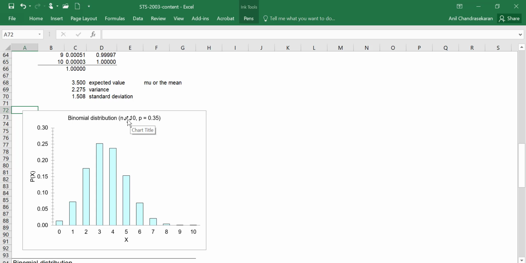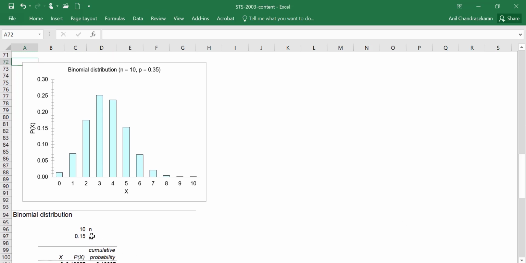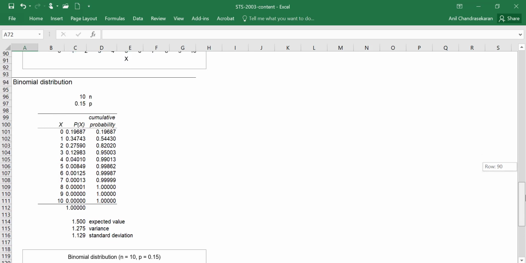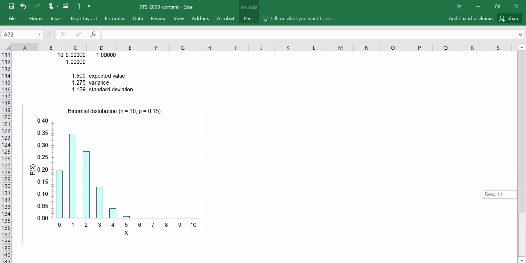When you change n or when you change pi, the graph will look different. For example, if n is 10, but pi value is 0.15, that's 15%. Now the graph will look different, and the values also will change. So the graph looks this way.